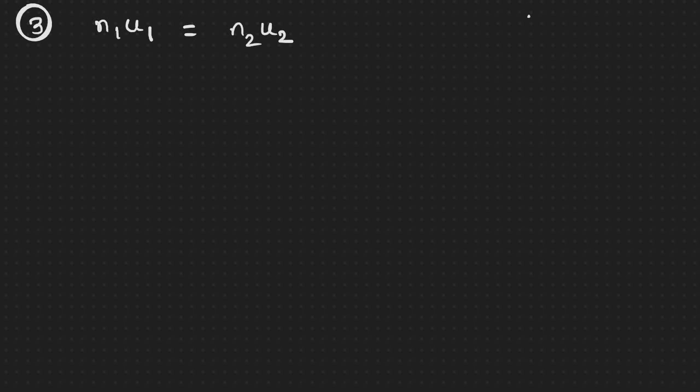Now U1 and U2 are systems of units in different ways. It can be CGS and SI or MKS or FPS, something like that. N1 and N2 are the numerical parts. I have already said that units always have two parts, one is the unit part, one is the numerical part. So how to convert it? Let's convert. I will show it to you.